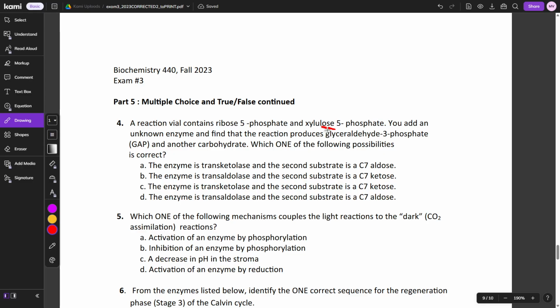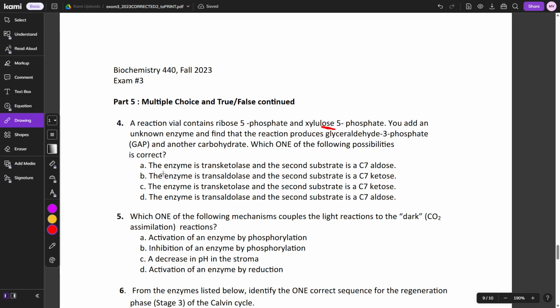If we're going from a 5 and a 5 to a 3 and a 7, we're removing 2 carbons from one of the 5-carbon sugars and putting them onto the other. You said both of those are ketones? No, xylulose 5-phosphate is a ketose, and ribose 5-phosphate is an aldose. So what enzyme does 2-carbon transfers? Transketolase. Which one does 3-carbon transfers? Transaldolase.